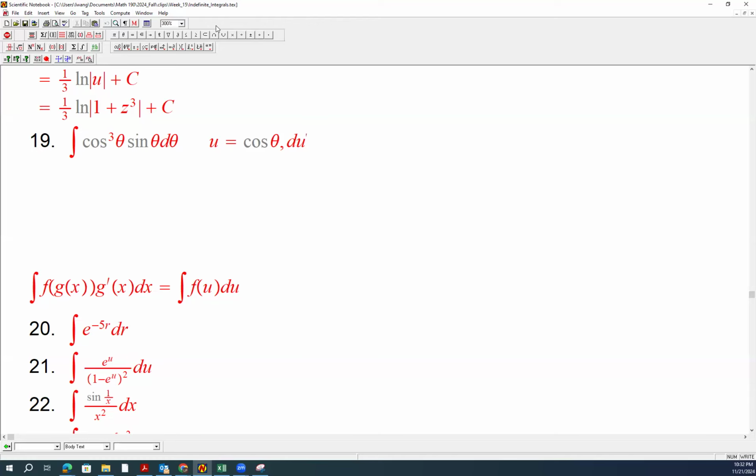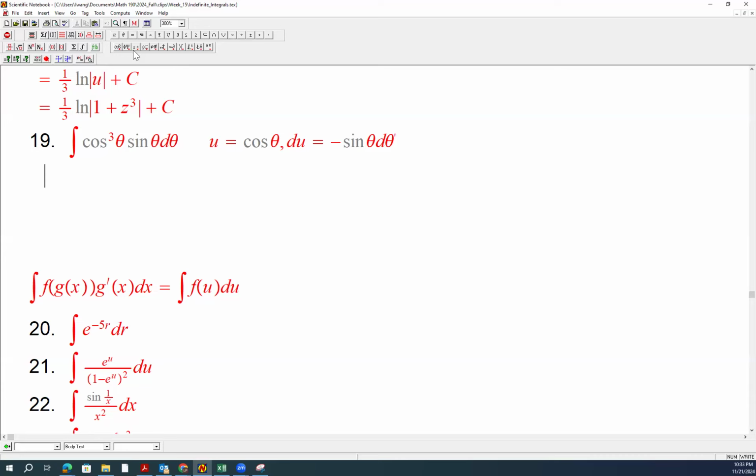So du would be equal to negative sine theta d theta. The derivative of cosine is negative sine. And we got a sine theta d theta. So sine theta d theta is negative du, right?